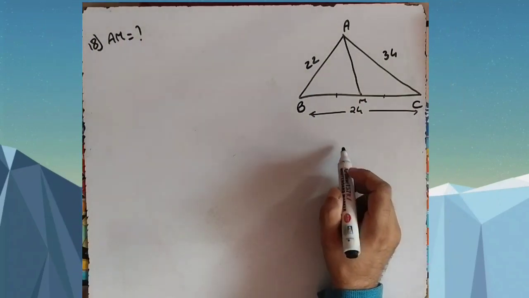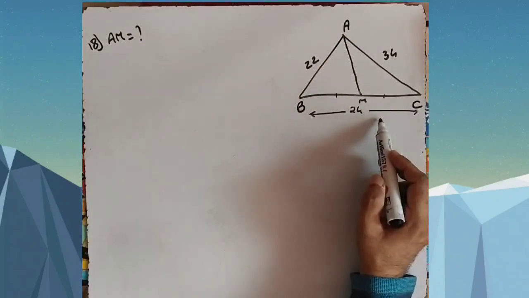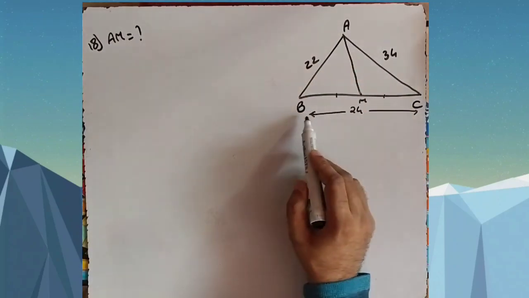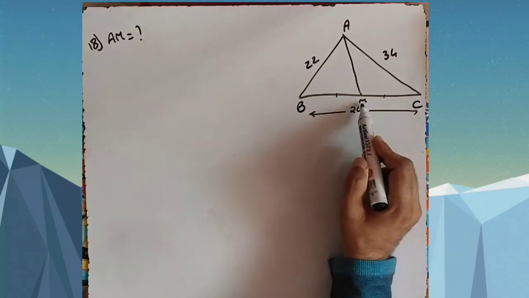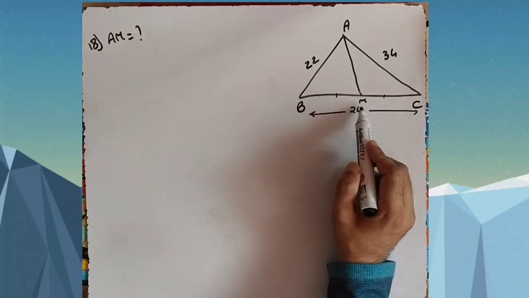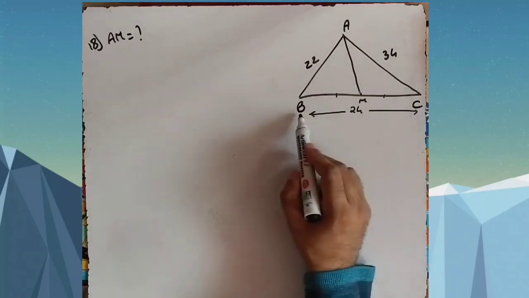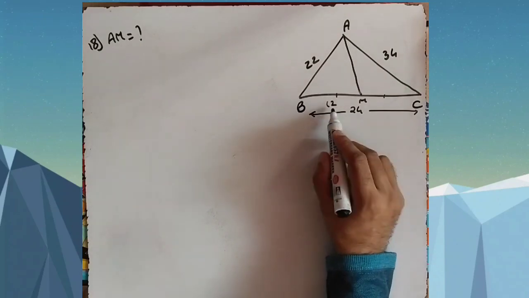Sum number 18, there is one triangle ABC. AM is the median. AB is 22, AC is given 34, BC is 24, and we have to find the length of the median AM. Because AM is the median, therefore M is the midpoint of BC. BC is 24, so BM will become half of 24, 12.